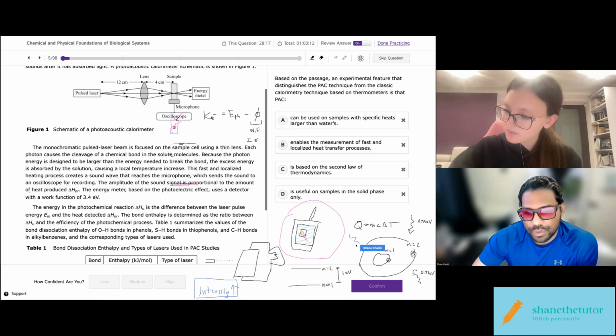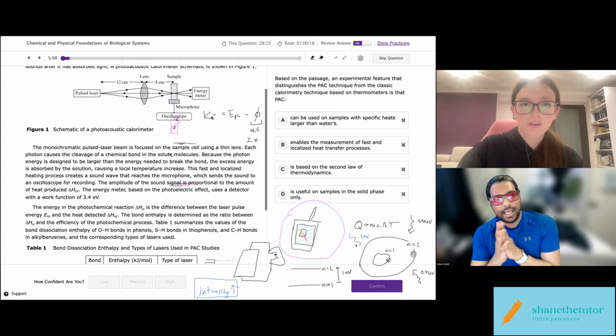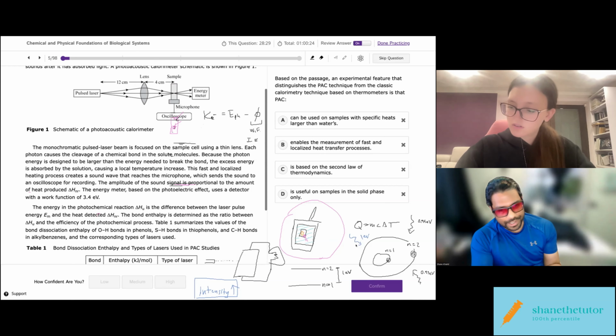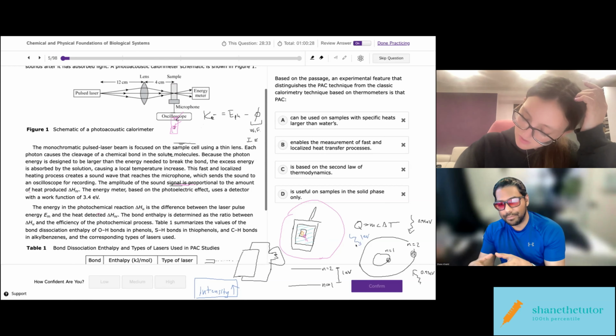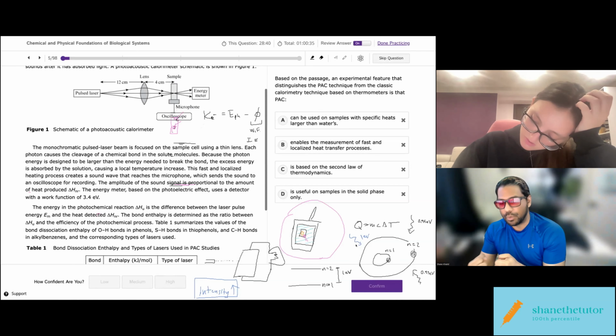So let's say we shoot a photon with 1 electron volt. The photon has energy of 1 electron volt, and if the atom absorbs that photon, it absorbs the photon's energy, and it has to express that in some way.